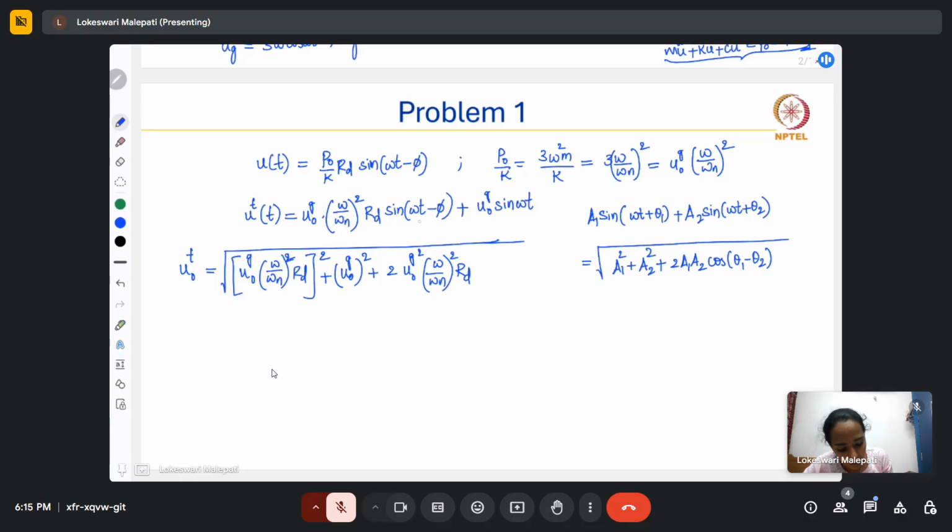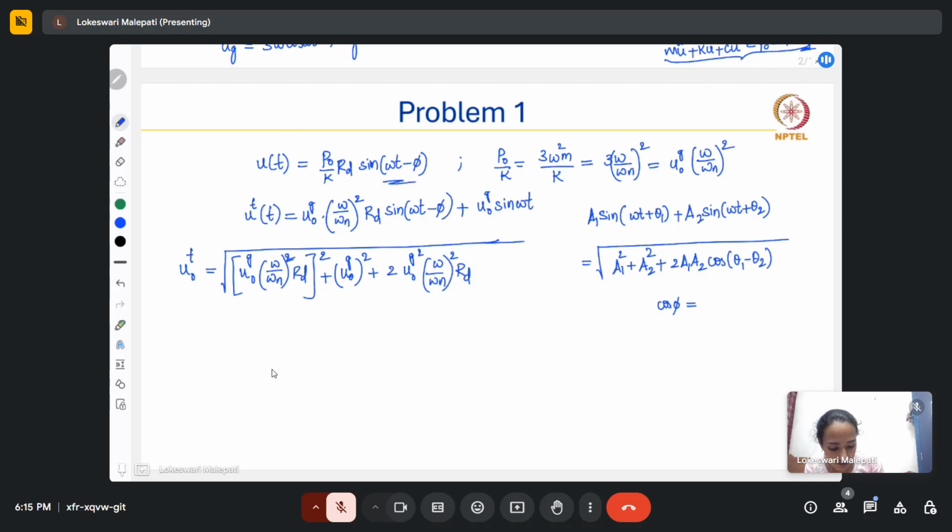Here theta 1 is omega t minus phi and theta 2 is omega t. So we just have cos of minus phi, which is nothing but cos phi. So we need to write down the equation for cos phi. So what is cos phi?